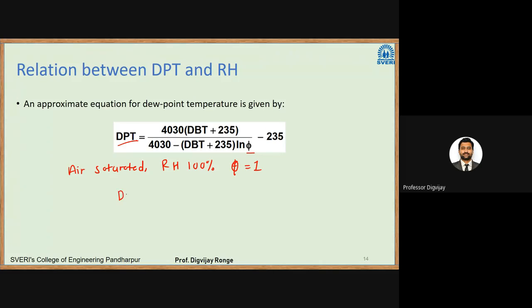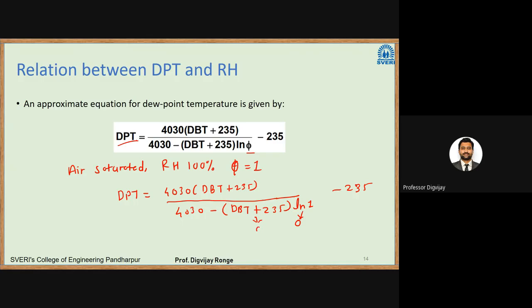This equation will reduce to dew point temperature equal to 4030 into dry bulb temperature, whatever temperature you want you can take, divided by 4030 minus DBT plus 235 into ln 1. As you know, ln 1 reduces to 0, minus 235.